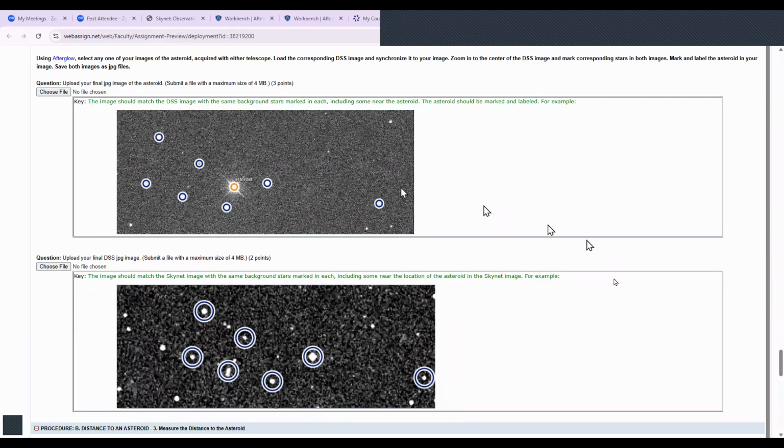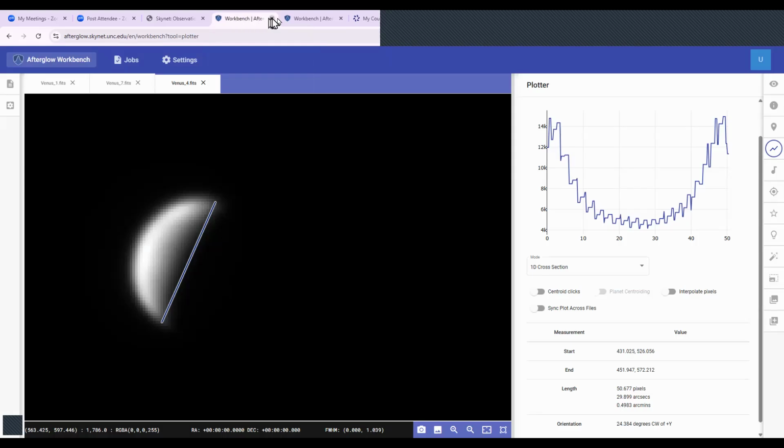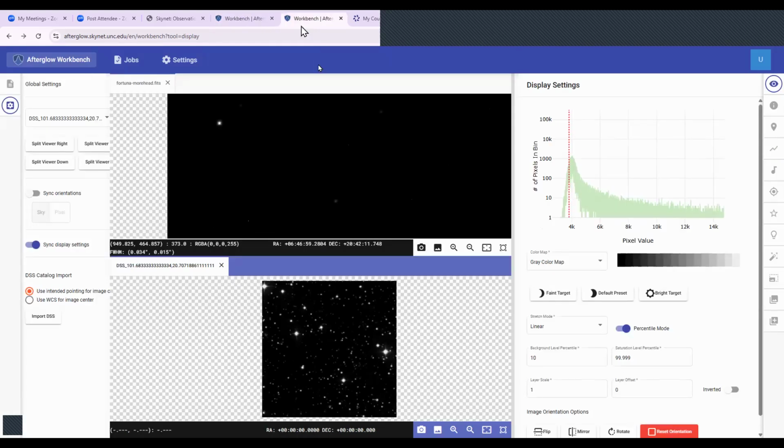This picture here was taken by SkyNet or provided to you in the sample data. Another one is the upload final DSS image. This is one of the sample files that I created.